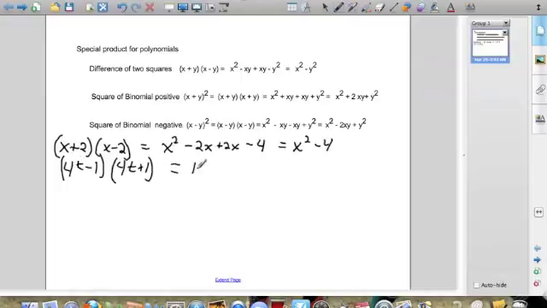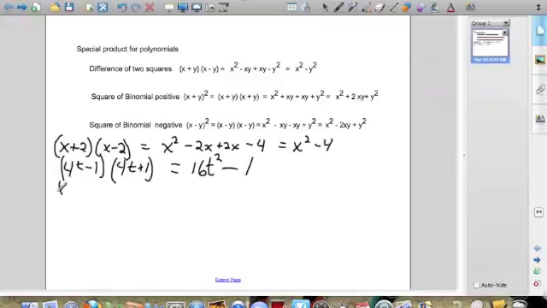So it's 16t squared. All right. Difference of two squares, so it's always going to be minus. What's 1 squared? 1 squared is 1. So 16t squared minus 1. So there are shortcuts that you can take as you're doing the difference of two squares. If you don't recognize it, it's not that big a deal. You just FOIL.